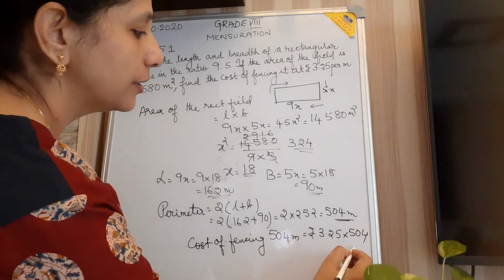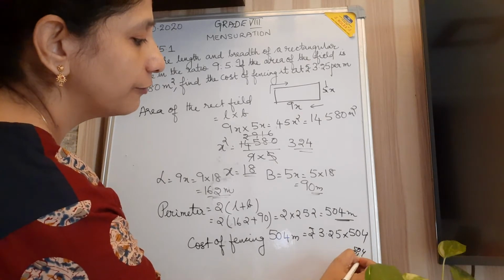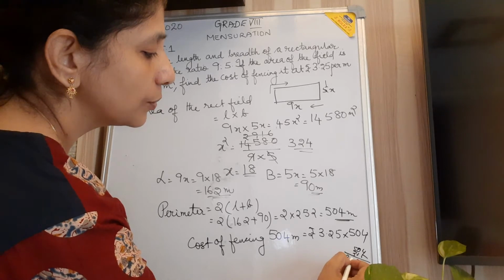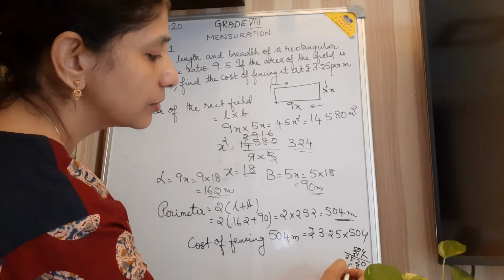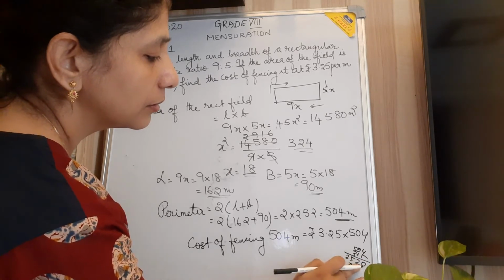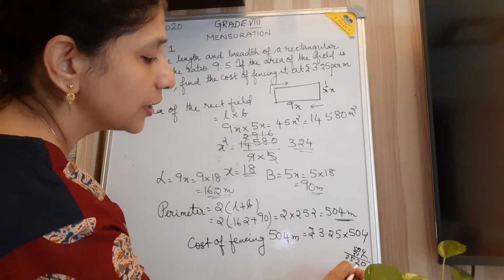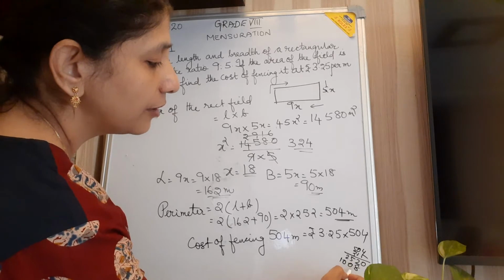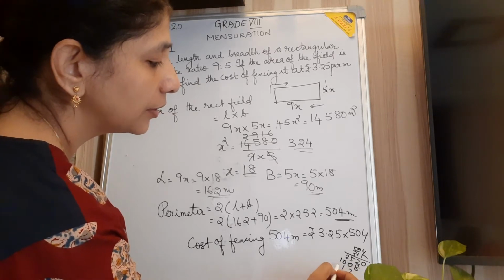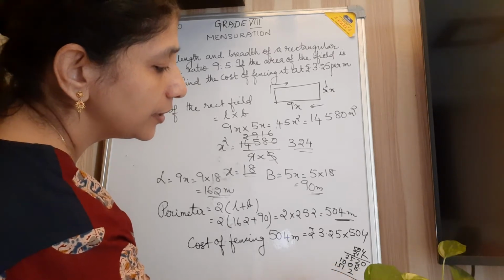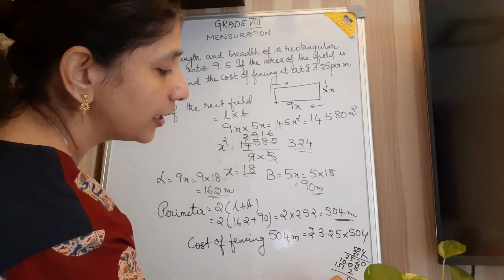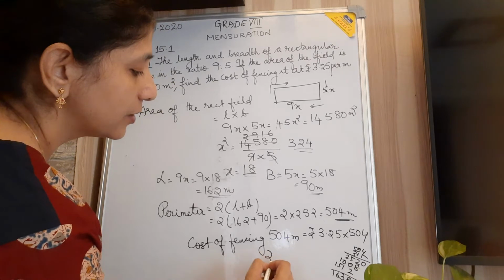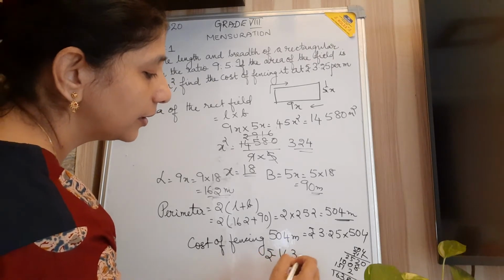So it is 504 into 325, and the product comes to 1,638.